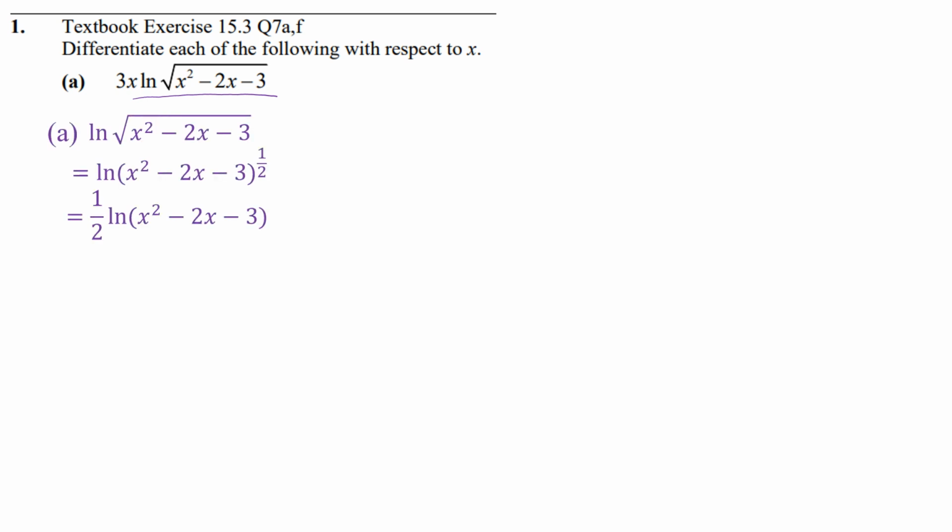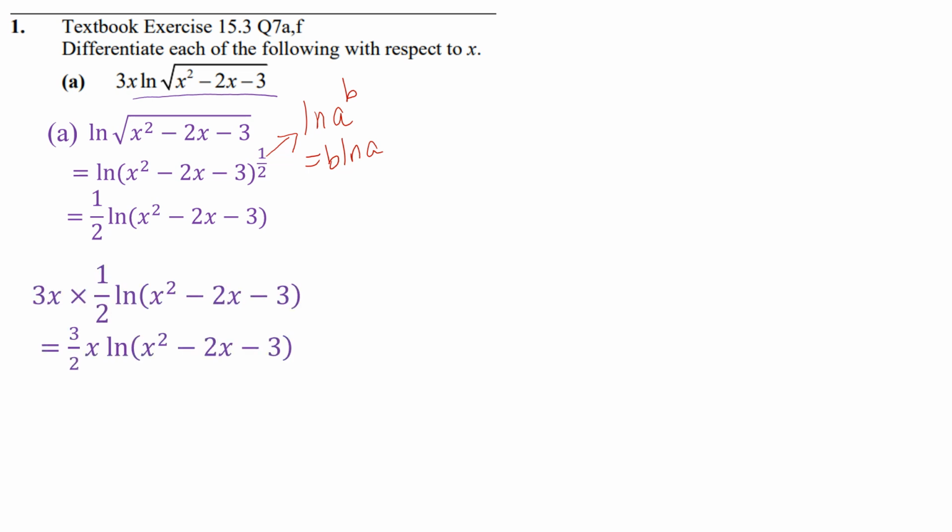We can actually write square root of x squared minus 2x minus 3 in index form, and then apply the power law. You can bring the half to the front, and then with that I can multiply it with 3x, to get 3 over 2 x ln x squared minus 2x minus 3.